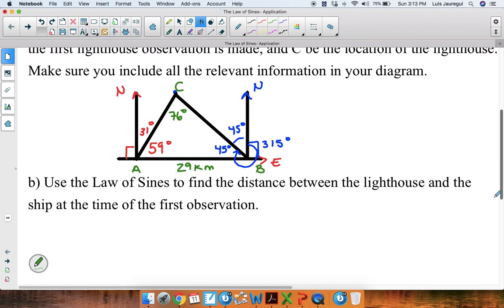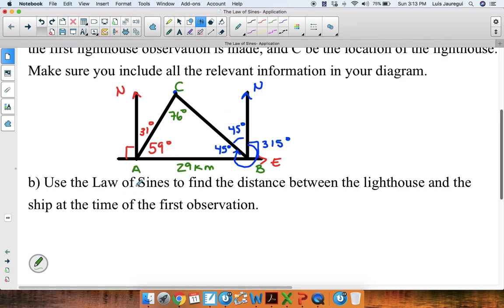Now, if you move on to part B, it's asking us to use the law of sines to find the distance between the lighthouse and the ship at the time of the first observation. So in other words, if we were to go back, they want us to figure out this particular distance. Now, it would be crucial for us to remember that we can label the sides based on the angles across from them.